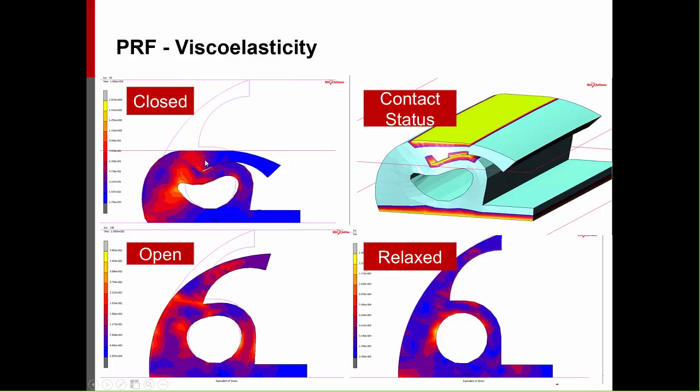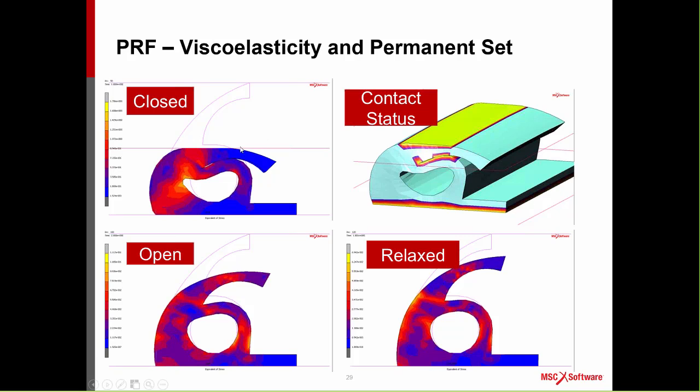We closed the model. We basically got our contact status using double-sided contact. We basically opened the door. We left it here in some sort of viscoelastic nature. This is done very quickly, and then we let it go for a long time, and it relaxed to this state.